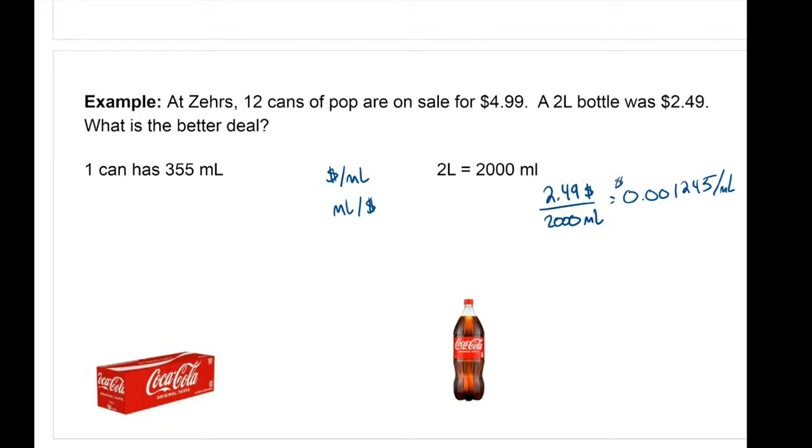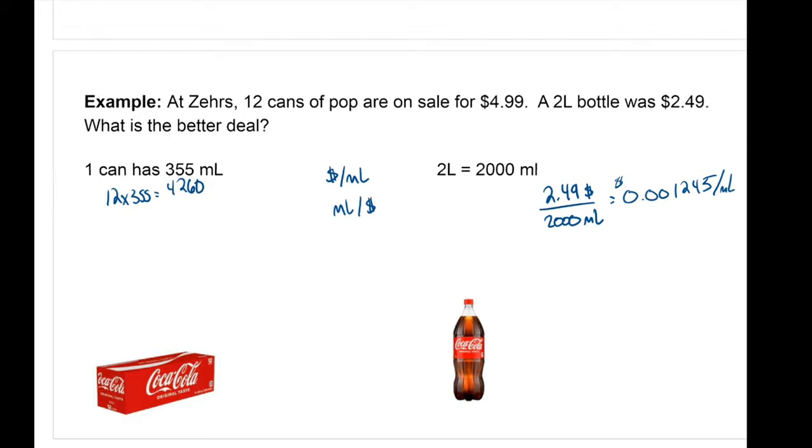If we look at the can, we have 350 milliliters in one can, but we have 12 of them. So I'm going to do 12 times 355 and get 4,260.